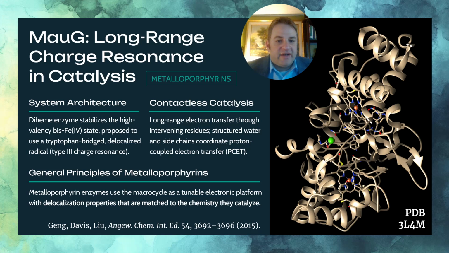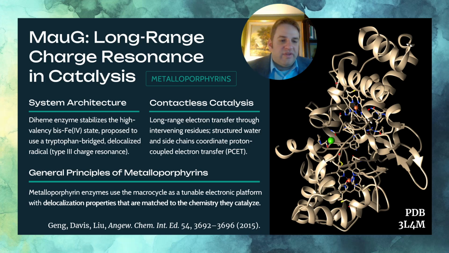It has a cofactor that's used to build other cofactors. And so this is another diheme enzyme. It has a pair of hemes that stabilize a high valency iron 4 state. So this is proposed to use a tryptophan bridge delocalized radical. It's supposed to be a type 3 charge resonance, although this is still under investigation.